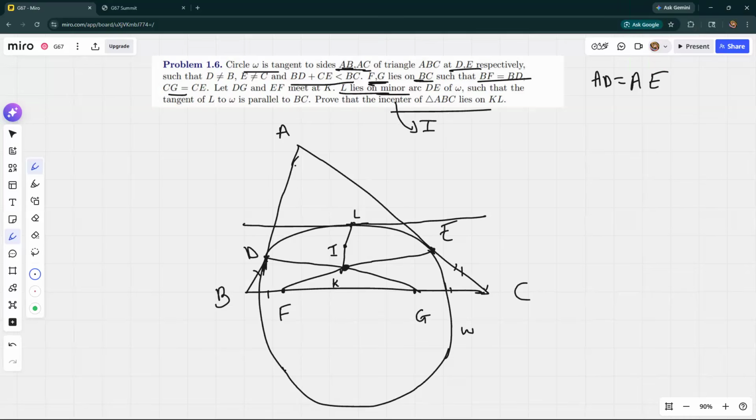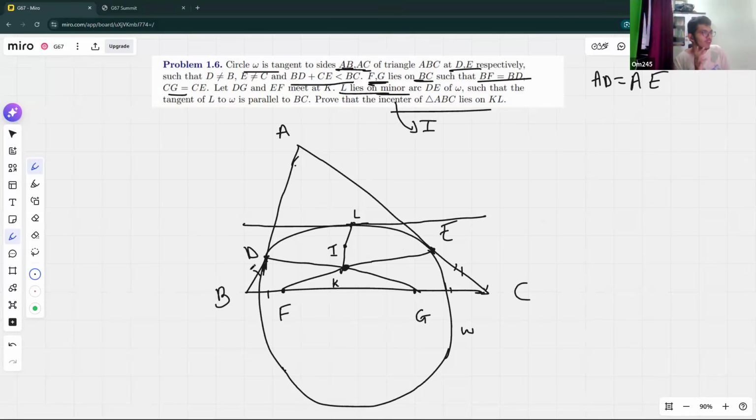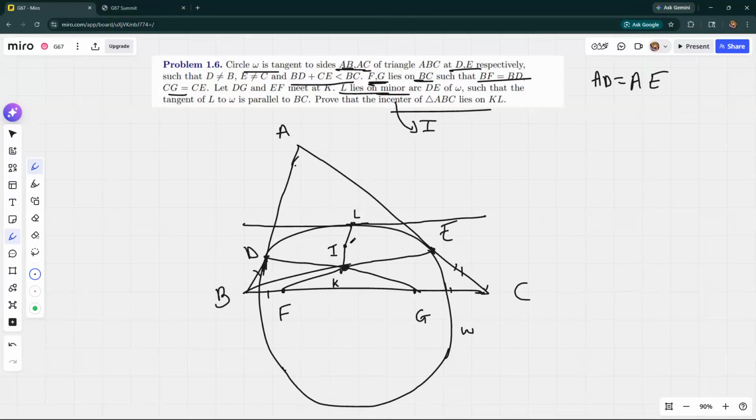Trust me. The first one, DEGF, is only cyclic, no? DEGF is cyclic directly. I was just waiting for people to realize. So the point is these are reflections. The way you see it is incenter BI, that's one great way to see it. I is the center.